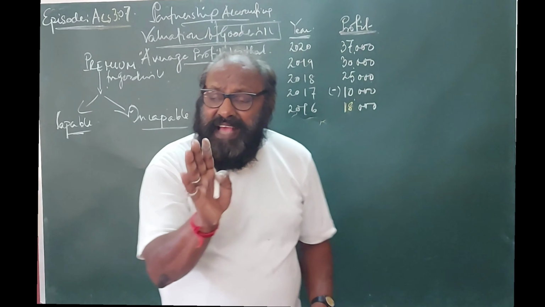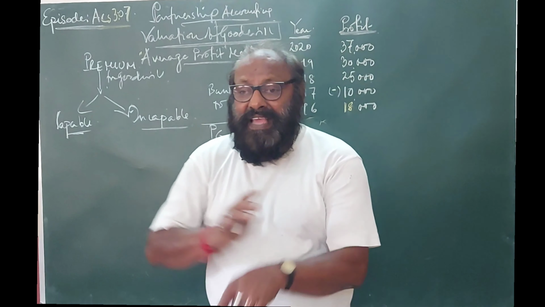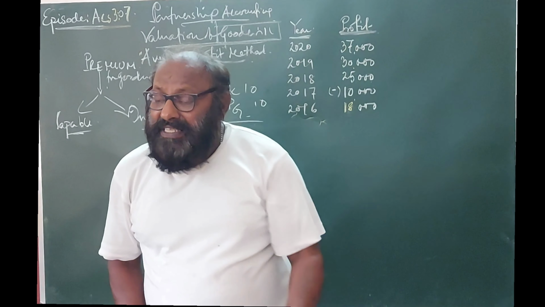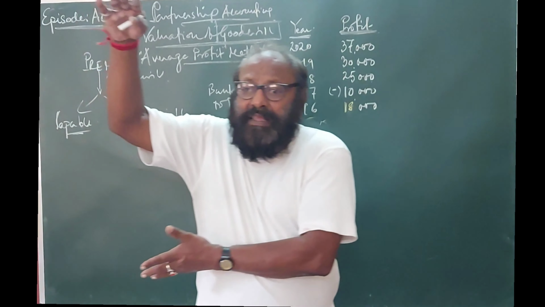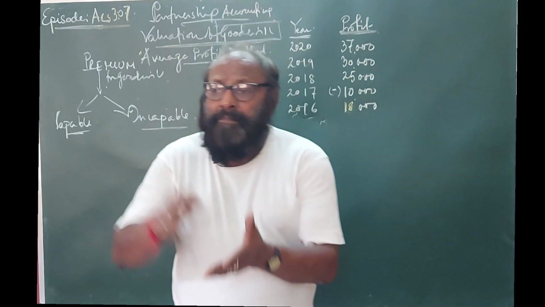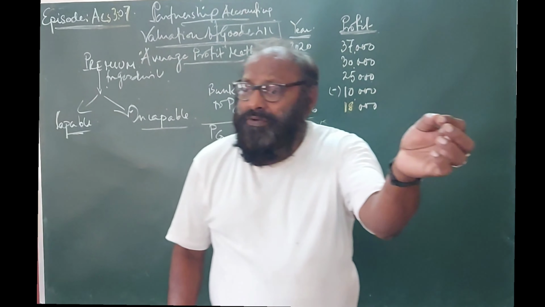So keep the asset hidden. It is a latent asset. The asset should be implied and should not be shown in the books of account. If you show it in your books of accounts, your assets will increase so much. Say the value of goodwill is 50,000. Now what have you done? You showed goodwill as an asset of 50,000, but actually it has no value.